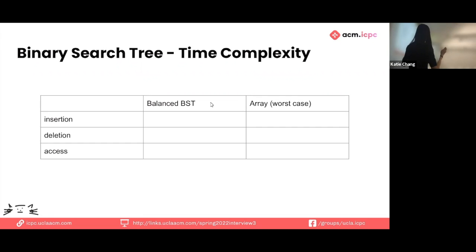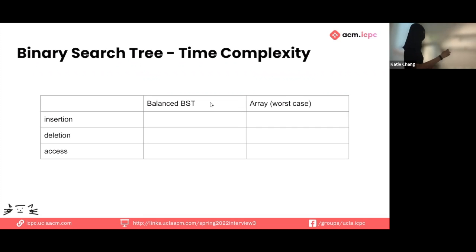Okay. So I'm going to repeat for people who might potentially look at the recording. A balanced binary search tree has a log n time complexity for insertion because we need to insert at the right place.